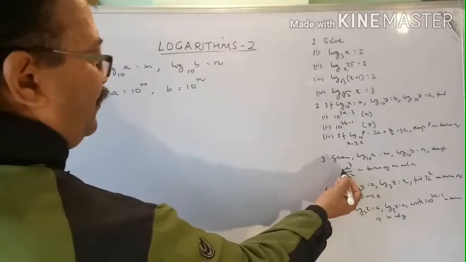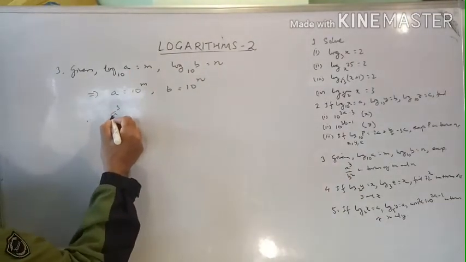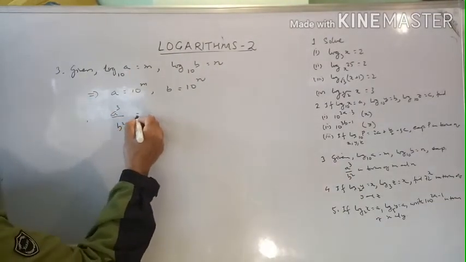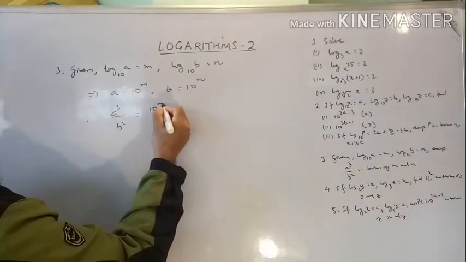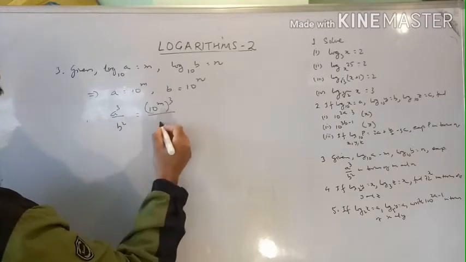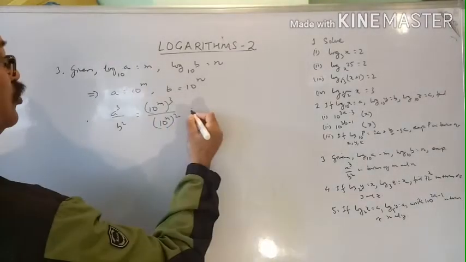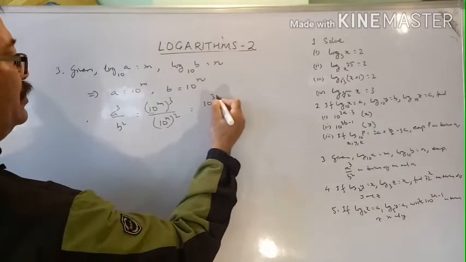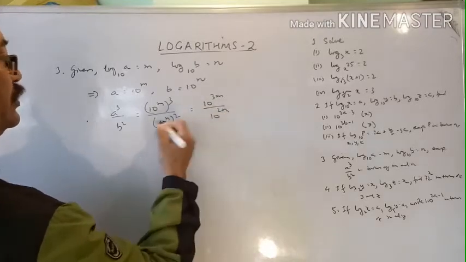Now since we have to find the value of a cubed by b square, we take this one. Therefore a cubed by b square is equal to, now put the value of a. A is 10 to the power m, then whole cube is there, and b is 10 to the power n and its square is there. So this will be equal to 10 to the power 3m upon 10 to the power 2n.